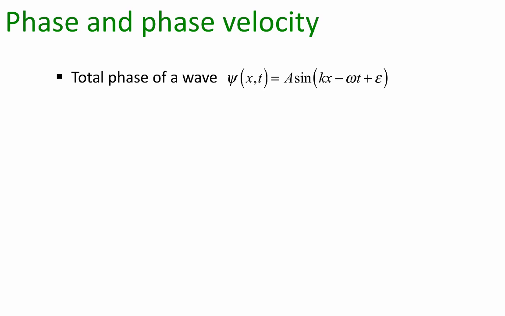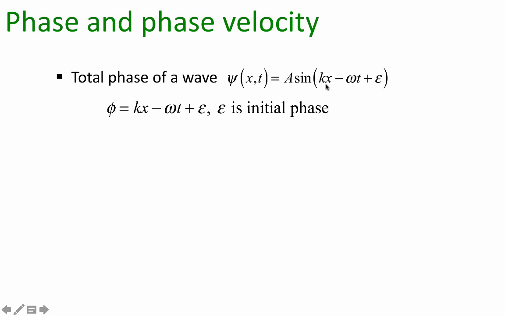You've heard of phase before when you first learned about waves, and then it got a little fuzzy. So phase, the phase of a wave that we write like this would be phi. Phase phi is kx minus omega t plus epsilon. Right. So what we look for is the argument of the sine function, or the argument of the cosine function, or the argument of an exponent.